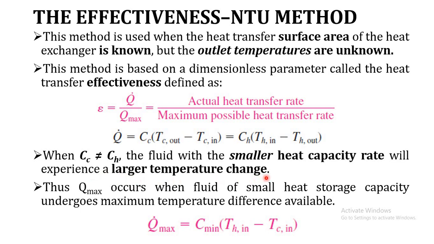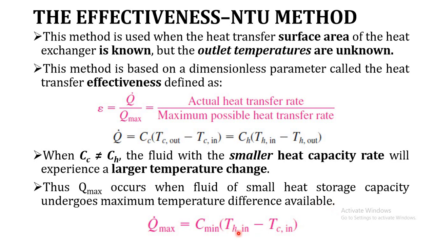Now, to get the maximum possible heat transfer rate, Qmax, this occurs when the fluid of small heat capacity rate undergoes the maximum temperature difference available in a heat exchanger. What is the maximum temperature difference available in a heat exchanger?